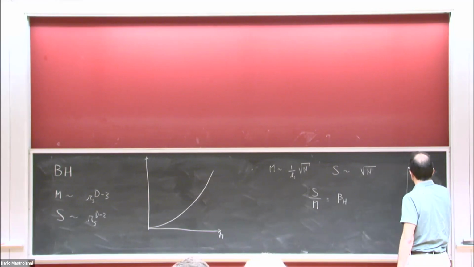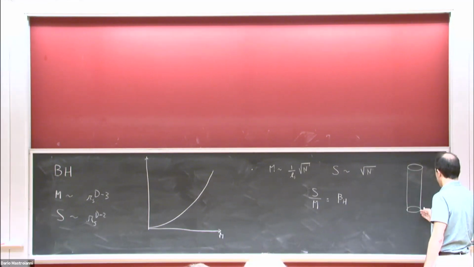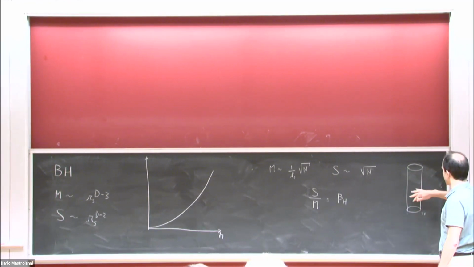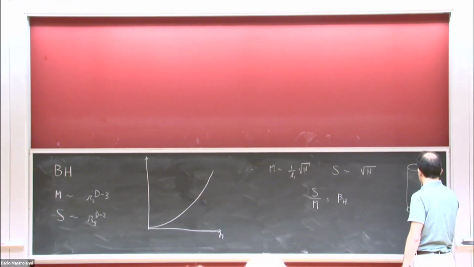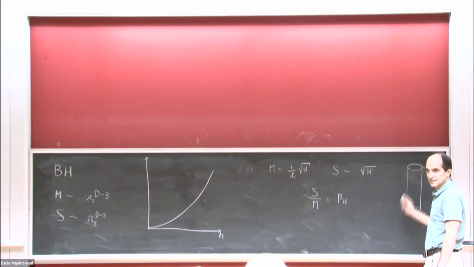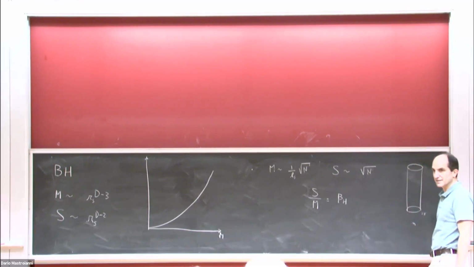So we have a string worldsheet, and let's say we have it on a circle of radius 2 pi. So we write all the normal modes of oscillation of the string. They are related to modes of a free field that moves on this circle. Their energies are quantized in integer units.